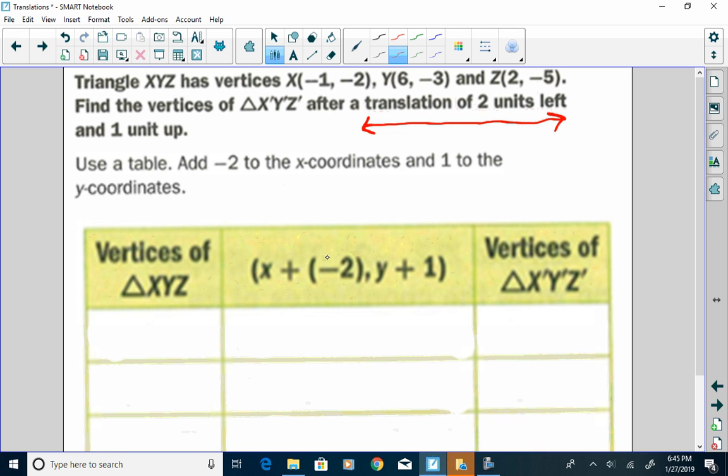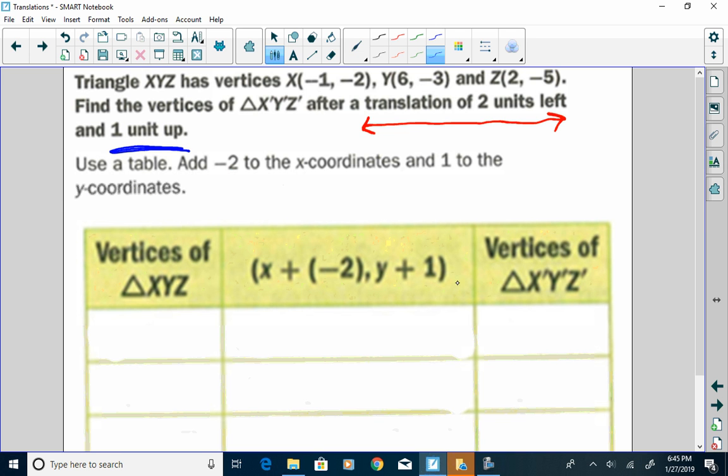And when we go left on the horizontal number line, we have to take away. So if I'm going 2 units left, I'm taking 2 away from every one of my x values. For our y values, we're told to go 1 unit up. If I'm going 1 unit up, we're going in the positive y direction, so I have to add 1 to each one of my y values, right?